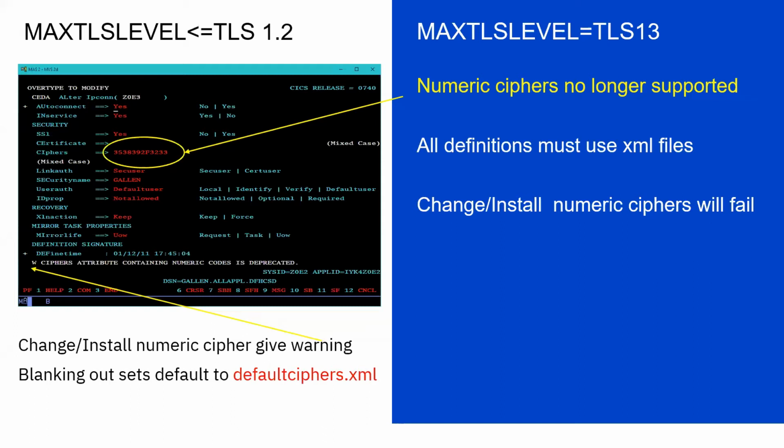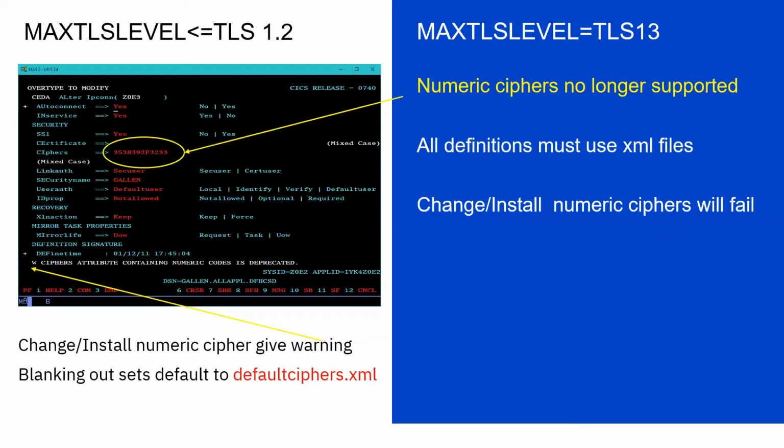You'll see on the left numeric ciphers, which are on an old resource definition. If you try and modify one of these resource definitions, you'll get this warning saying that the ciphers attribute containing numeric codes is deprecated. If you blank out those ciphers, instead of the numeric ciphers appearing, you will now get the XML file default ciphers appearing with inside it the ciphers that you've selected.